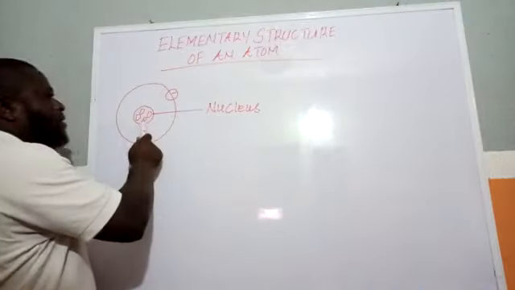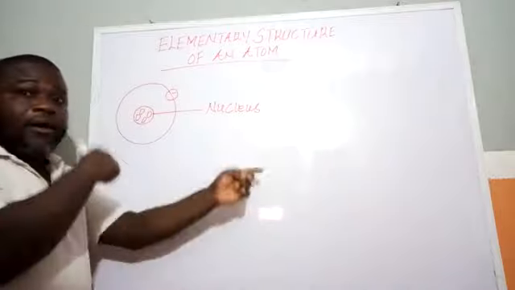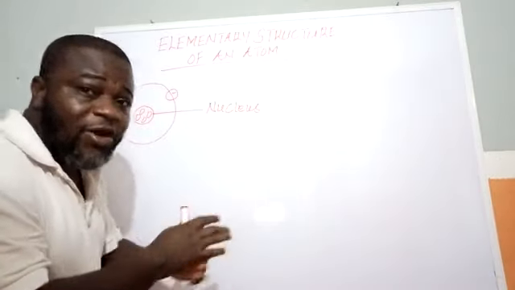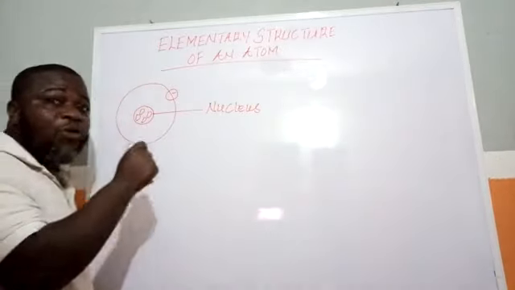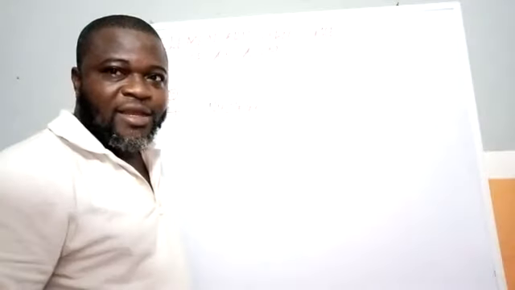But now, this is what the structure of a modern-day atom is talking about. J.J. Thomson discovered the positively charged atom; that is, the whole atom is positively charged.